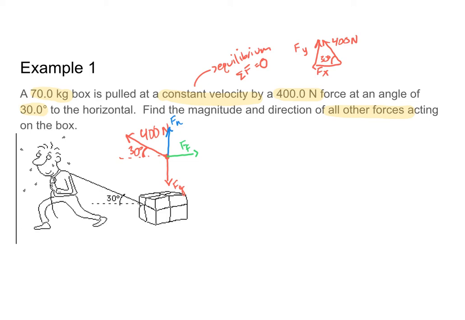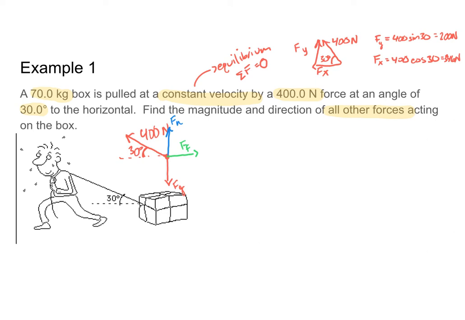That y component is opposite the angle, so my force in the y direction is equal to 400 times the sine of 30 degrees, and my force in the x direction is adjacent to my angle. It's touching the angle I'm given, which means it's equal to 400 times the cosine of 30 degrees. Plugging that into my calculator, I got that my force in the y direction is 200 newtons, and my force in the x direction is 346 newtons.